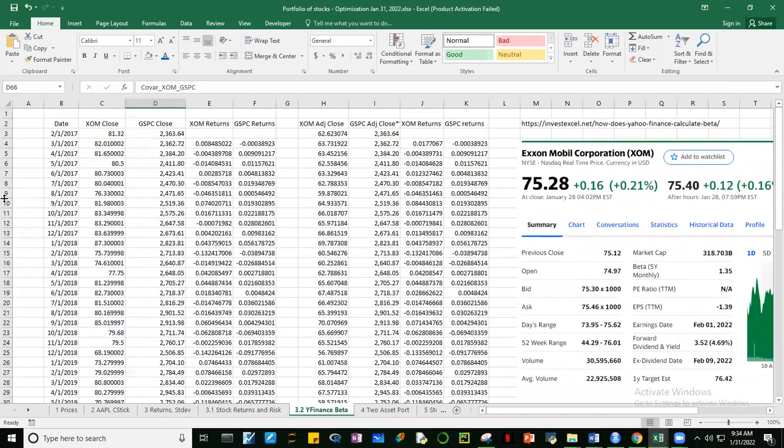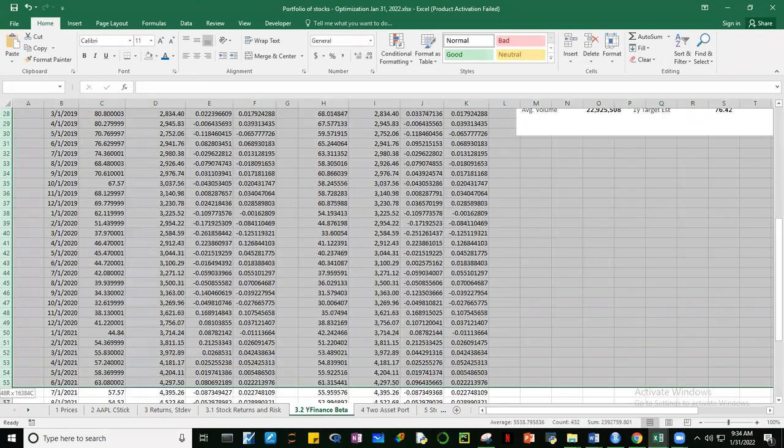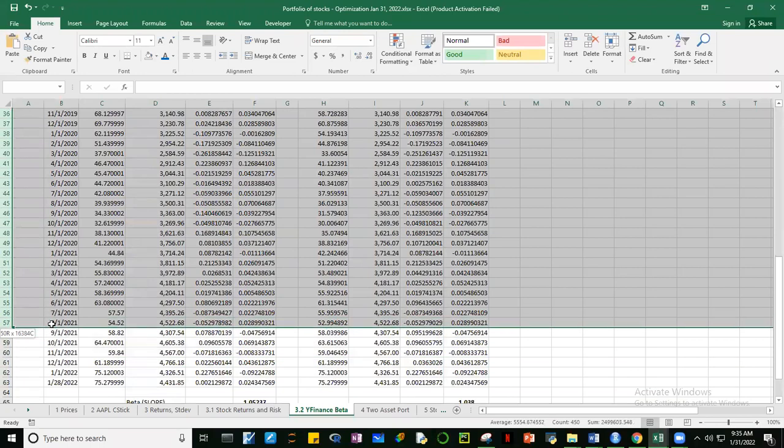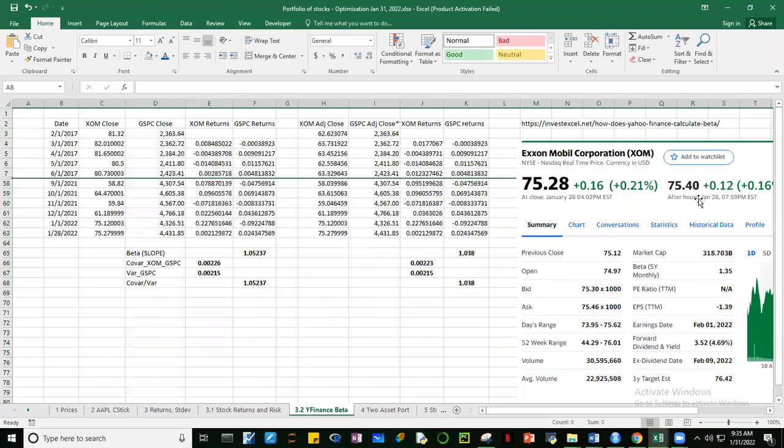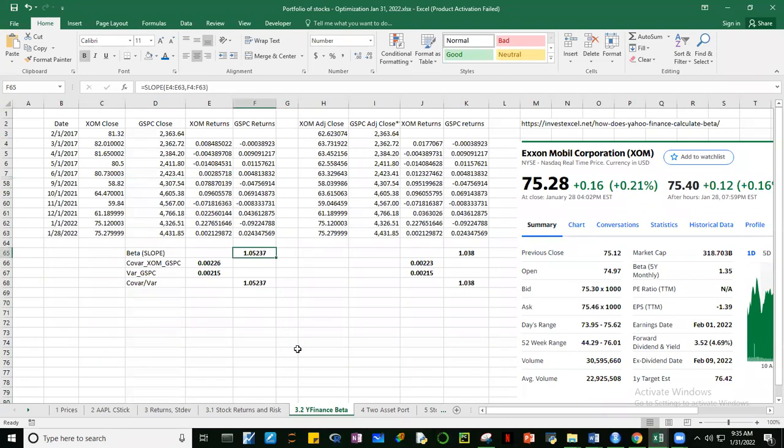Let me hide the others. Here we can see that the slope is 1.05, and it doesn't match the 1.35.